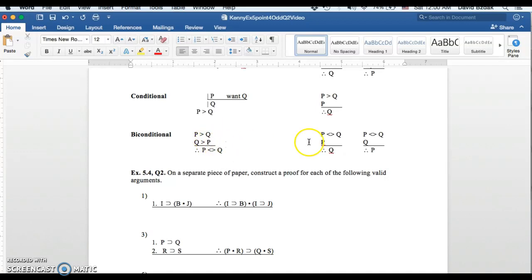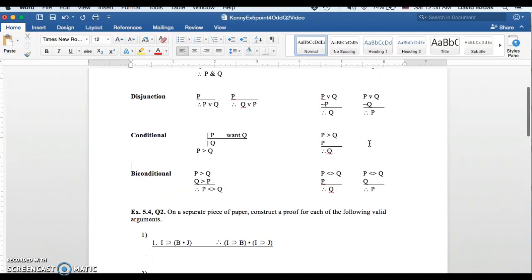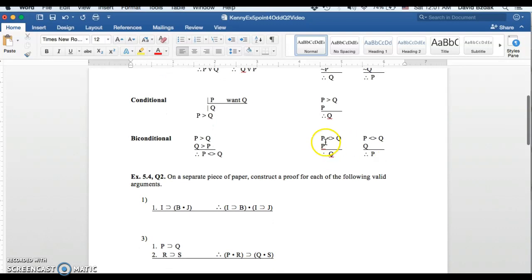Okay. Now the biconditional elimination rule is in some ways similar to the conditional elimination rule. If you have P biconditional Q and you also have either side of the biconditional, you can know the other side of the biconditional is true. And again, if you remember the biconditional truth table, that makes sense.